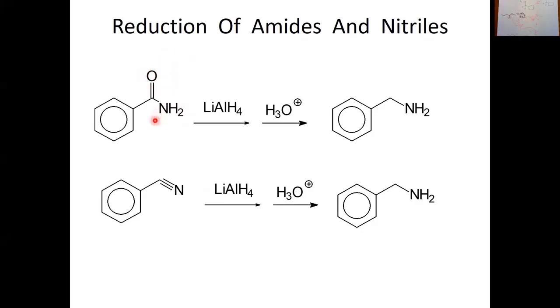It will go through an imine, a C double bond N intermediate, that gets reduced again and then ends up as an amine here. I just noticed this as I'm talking. This says acid and this gives me a neutral amine. You know better than that. If this is really acid, this should be an NH3+. Same deal down here.